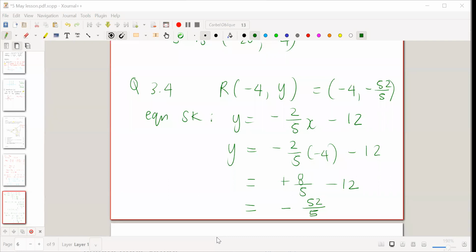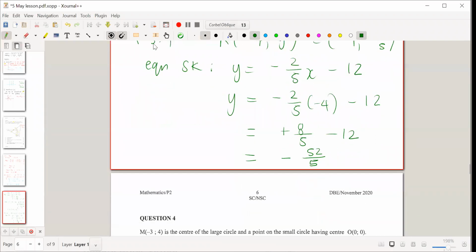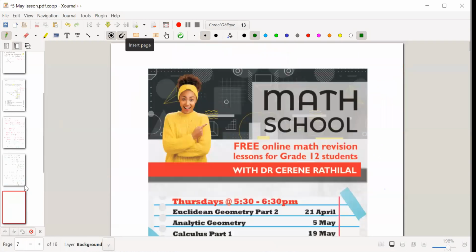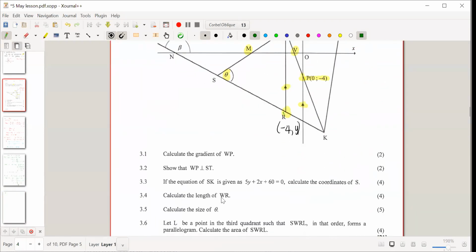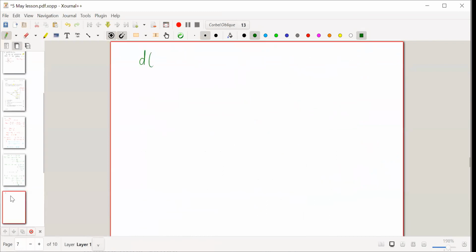And now we're in a position to use that distance formula. So let's do that. We've got the two coordinates. We want the distance between which two points? Let's go back to our question. We want the distance or the length of WR, which means the distance between the coordinates W and R. So what were the coordinates of W?